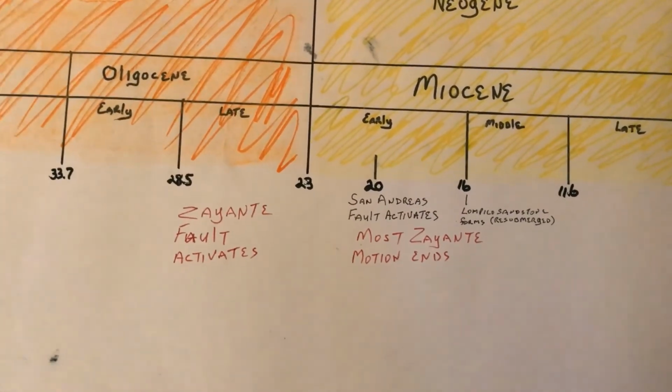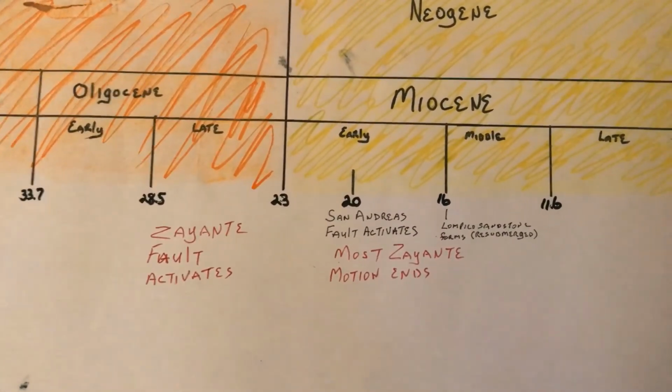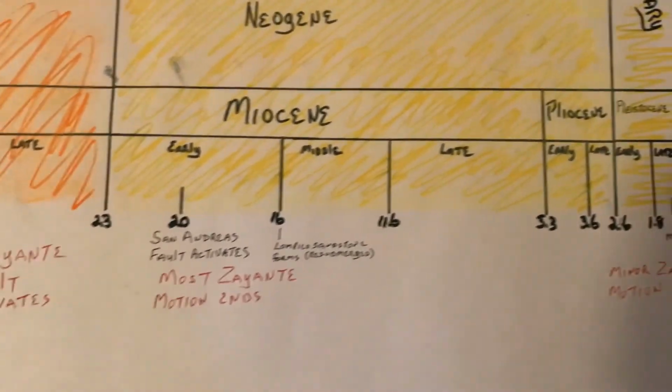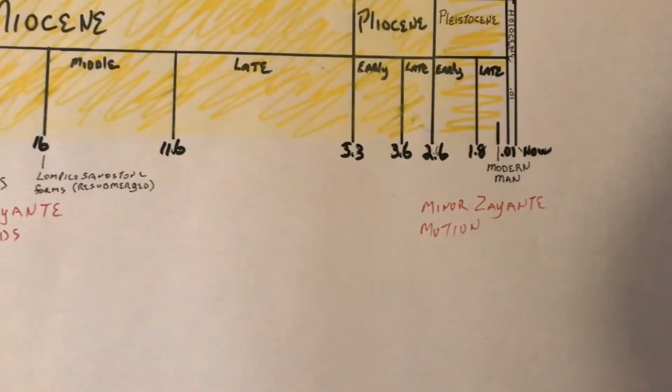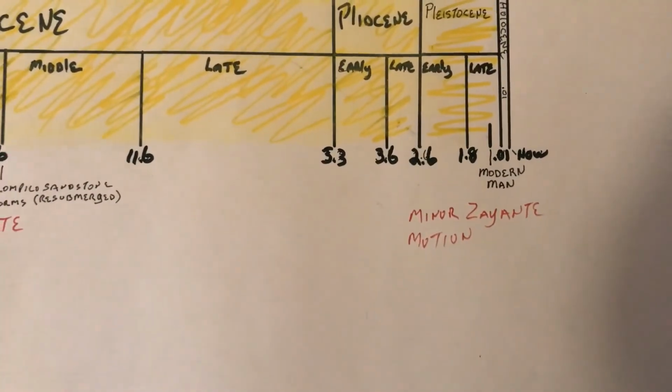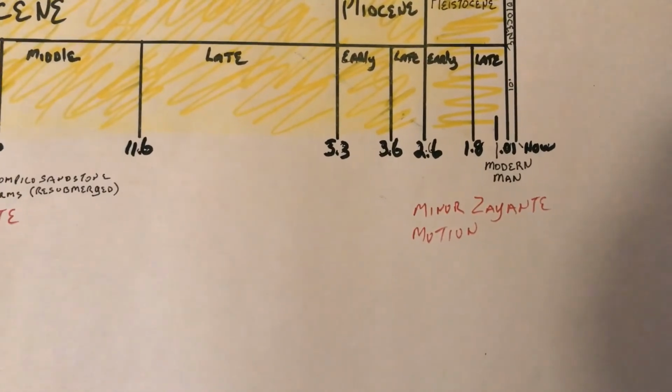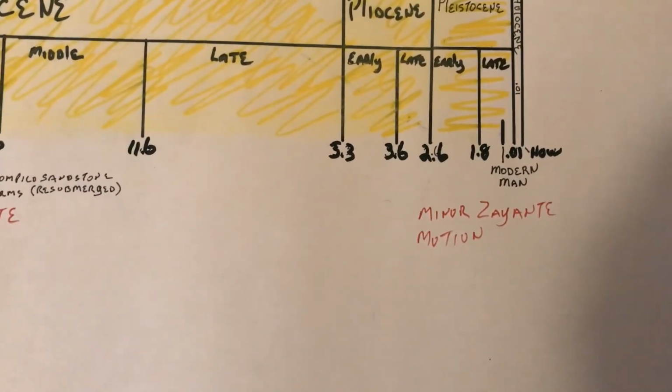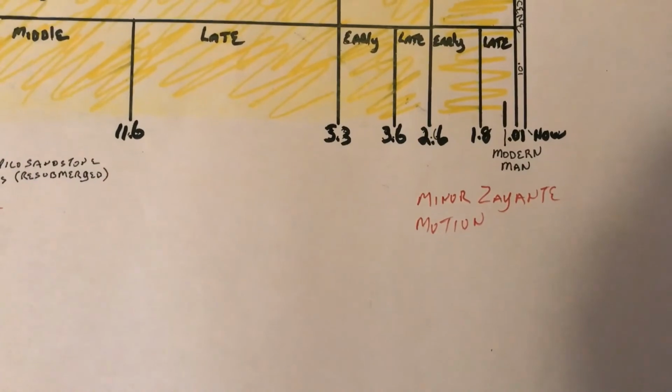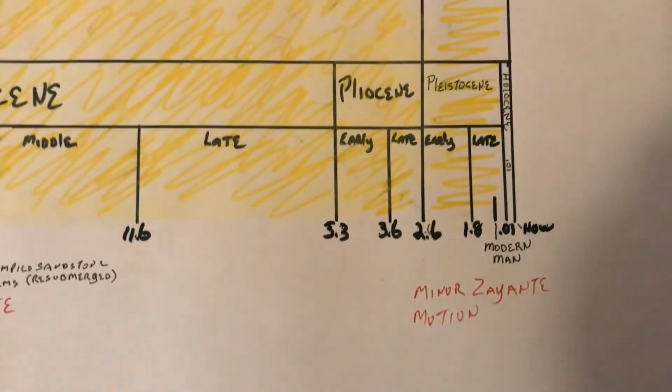There's not hard times on these, and then the last motion that they know of the Zyanti was 11,000 years ago.